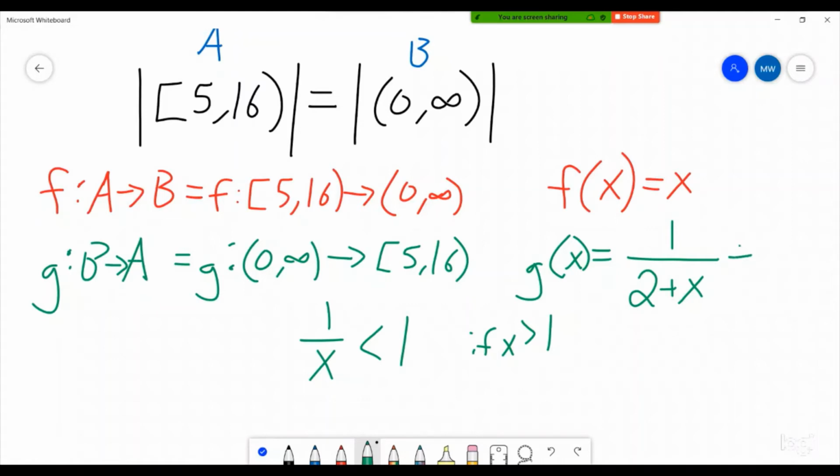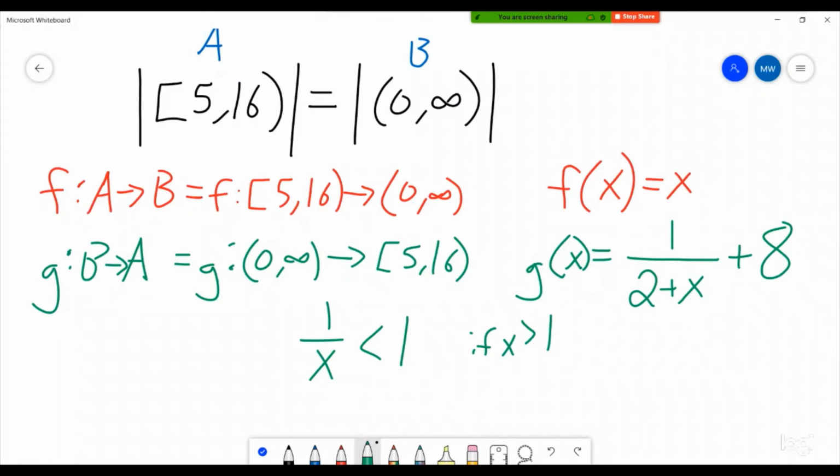So let's just add enough to get it in there, but not too much that it goes past it. So if we deal with g of x equals 1 over 2 plus x plus 8, this interval 0 to 1/2 is now an interval from 8 to 8.5, which is inside 5 to 16.